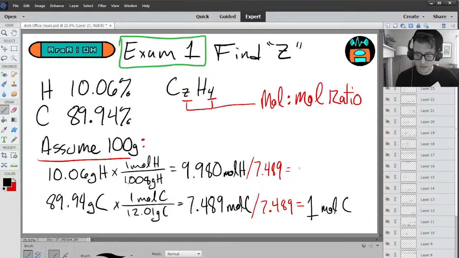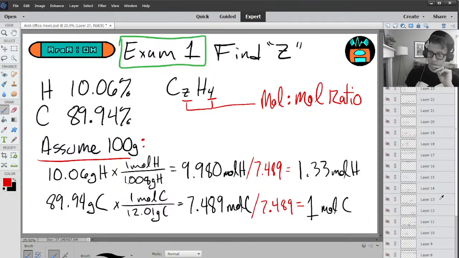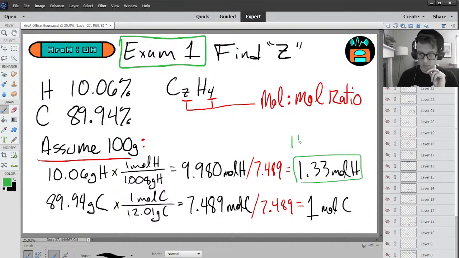This comes out to be 1.33 moles of hydrogen. In other words, this is 1 1/3, or as an improper fraction, 4/3, because that's how that decimal converts to a fraction.